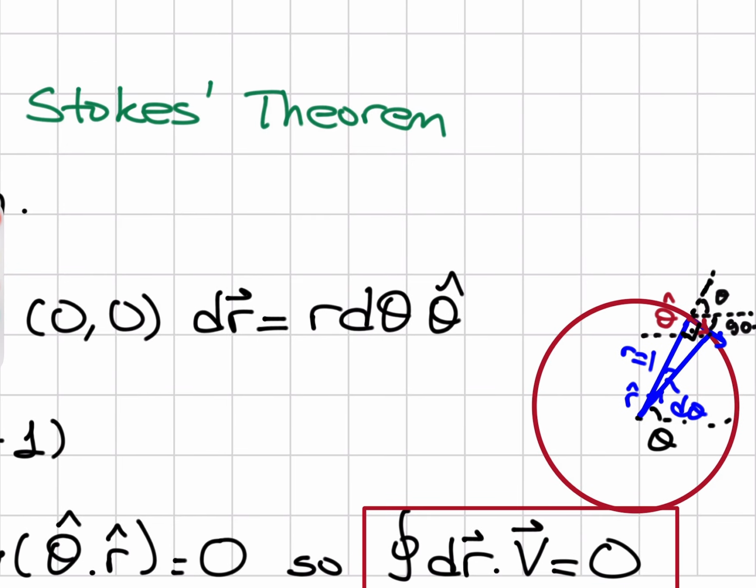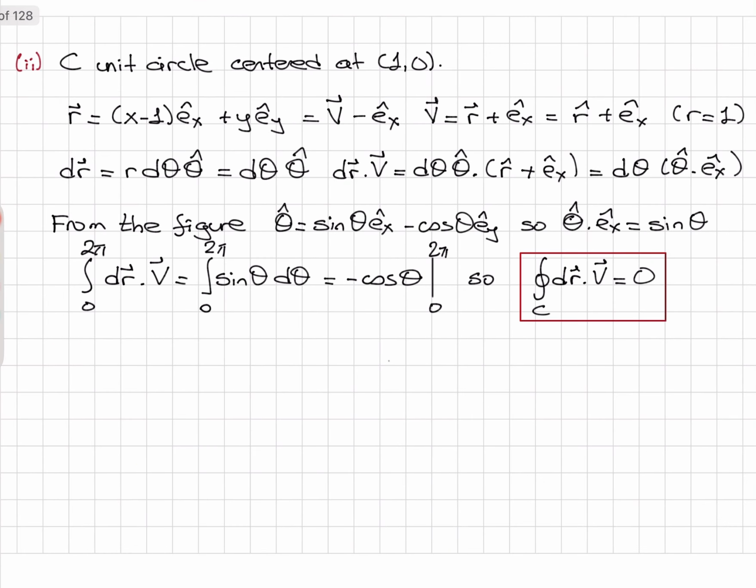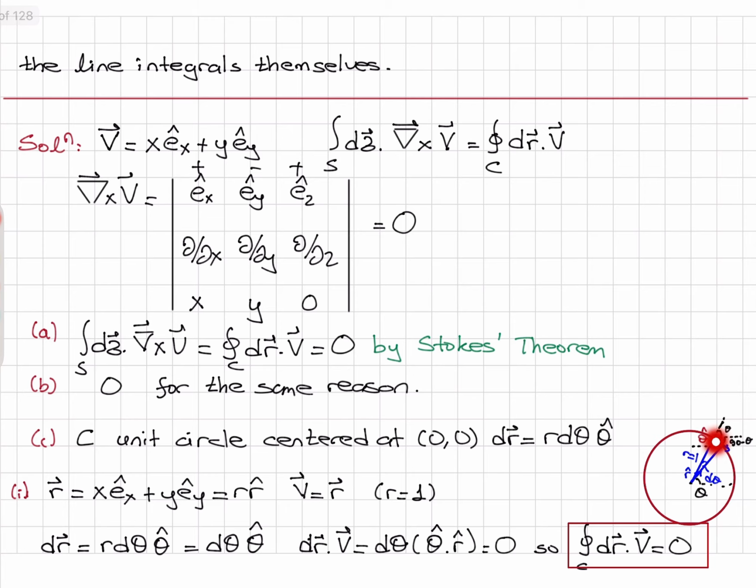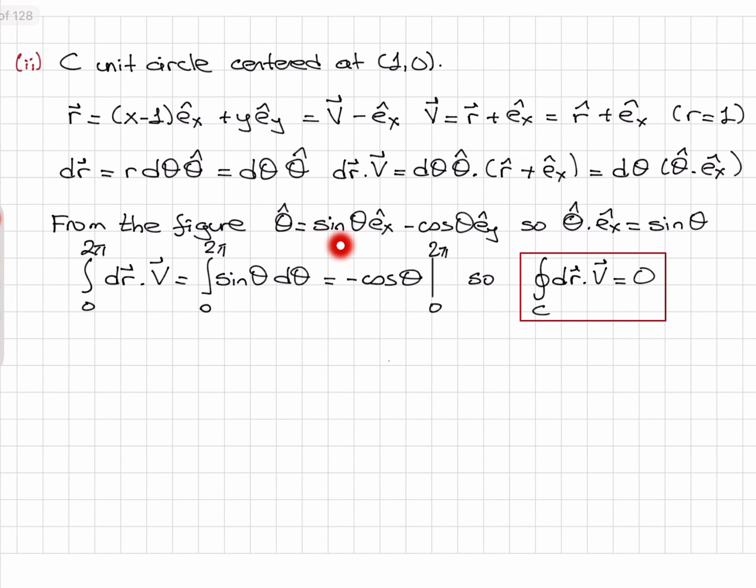It is theta hat multiplied with cosine of 90 minus theta, which is sine theta. So this is sine theta ex hat and minus cosine theta ey hat. Its magnitude is the square root of sine squared plus cosine squared, which is 1. So theta hat dot ex hat is sine theta.